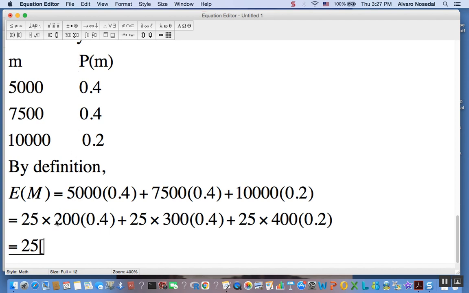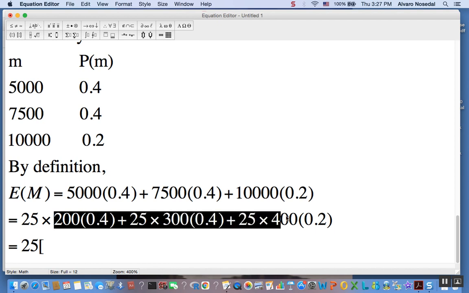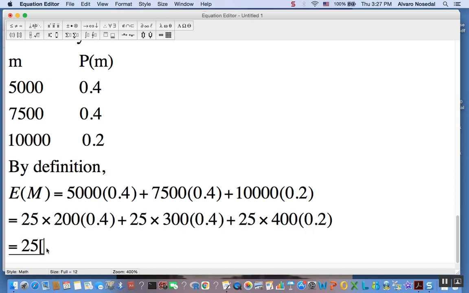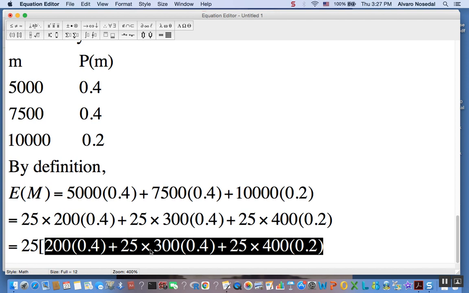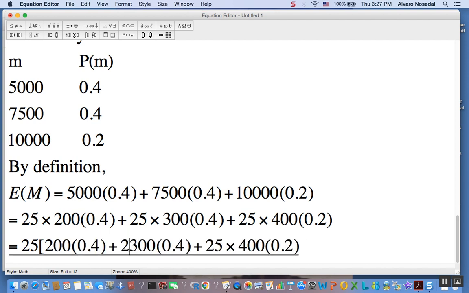And then what we have here is, let me just be a bit lazy here. I'm going to copy and paste this, and I'm going to get rid of the 25s here. You guys agree? That's the same.